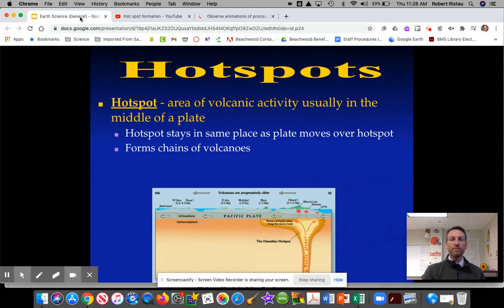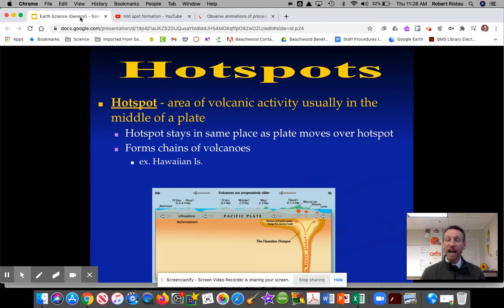What happens then is that it can form a chain of volcanoes. Those volcanoes continue to erupt, and eventually, from the ocean floor all the way to the surface of the water, you can create some islands. The best example of this are the Hawaiian Islands. Hawaii's pretty much in the middle of the Pacific plate.